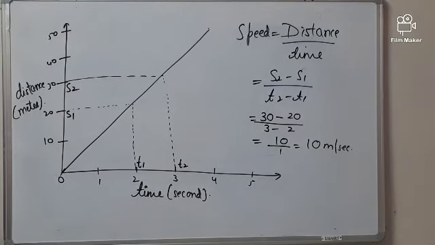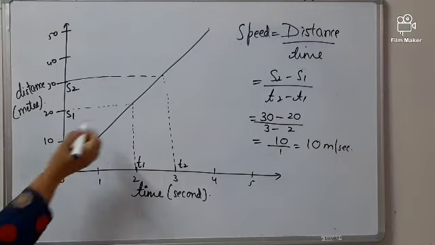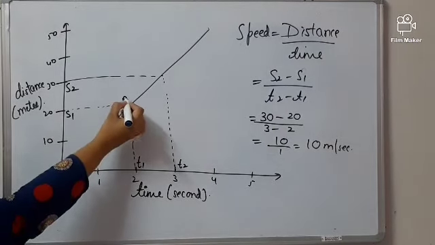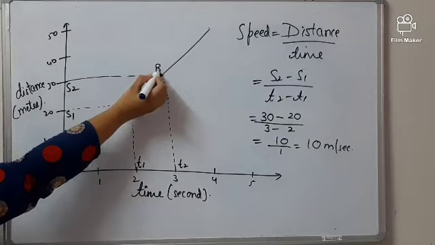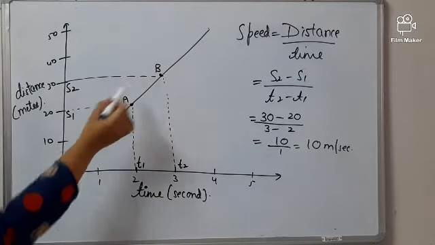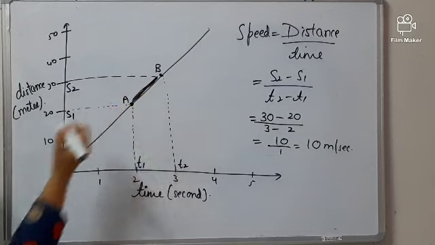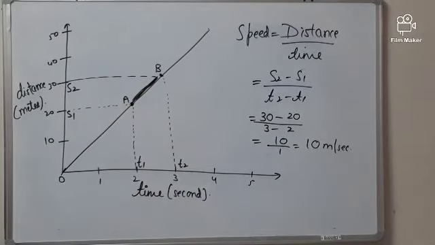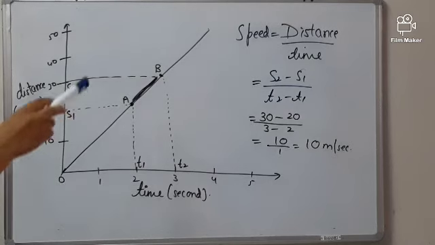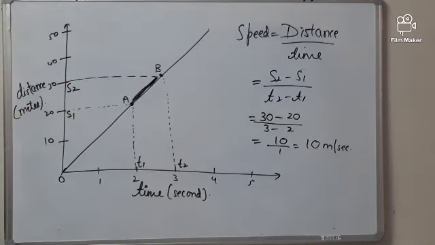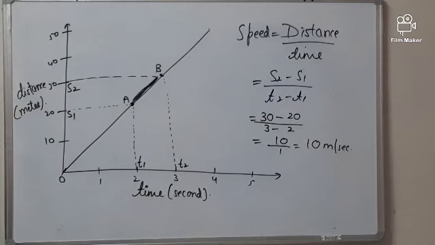Now somebody told you to find out the speed of the object between point A and B. Means you have to find out the speed across this position. So what you are going to do is, you want the values across this position. From the formula of speed, speed is equal to distance over time. We have to find out distance, we have to find out time.